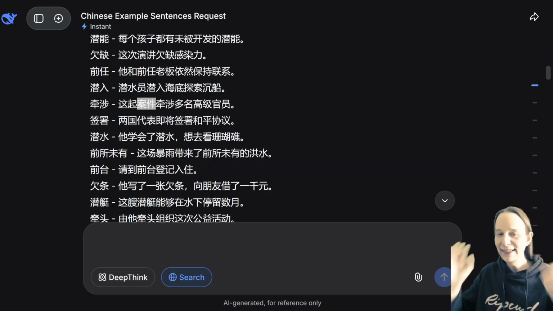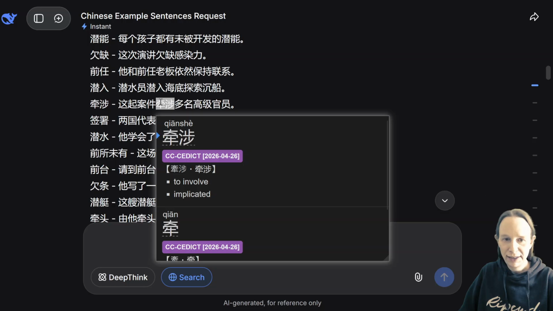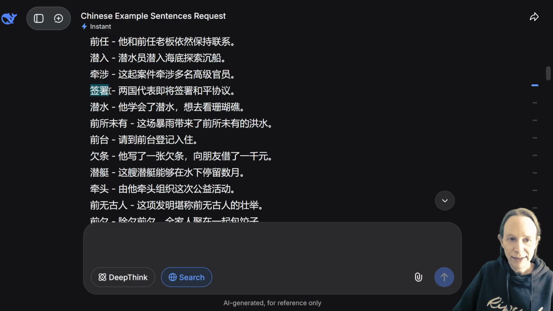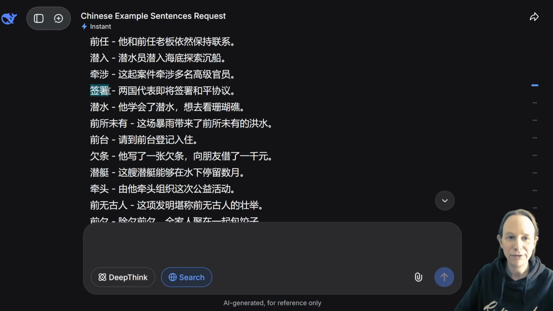So this 案件 is a case, usually a legal case, that involves or implicates many officials. 牵涉, involve, implicate. 签署. Yeah, so this is the signing of something, like the Declaration of Independence. 两国代表即将签署和平协议, signing a peace treaty. 签署.